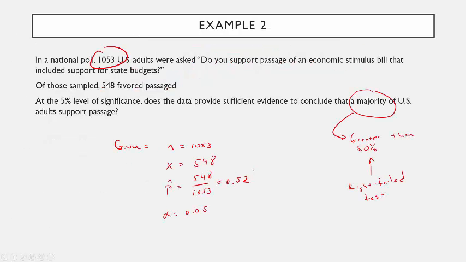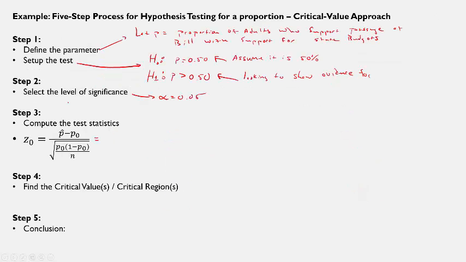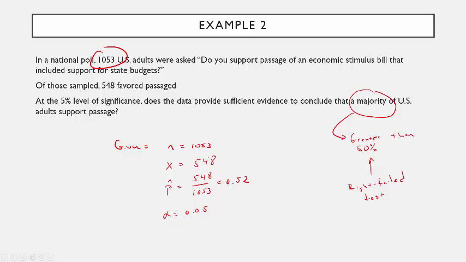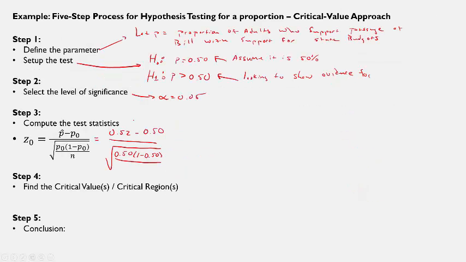Our p hat, which I rounded off to 0.52, minus p naught, which is 0.50 and comes from the null, divided by the square root of p naught times 1 minus p naught, divided by our sample size, which again was 1053.